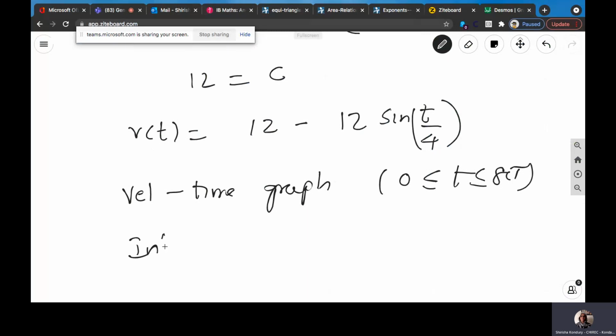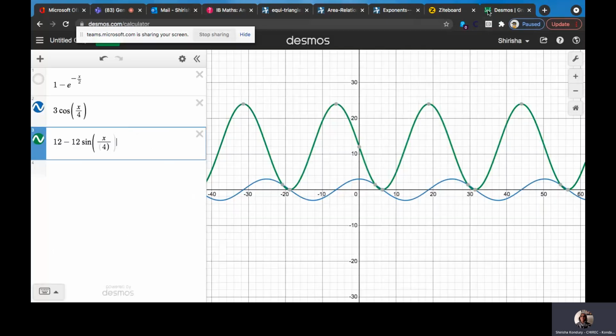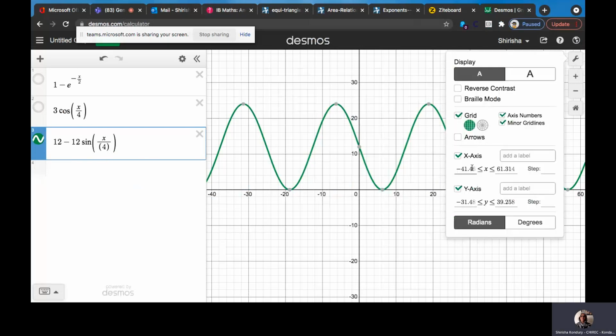So they want us to find out the intercepts, label the intercepts, and the maximum and the minimum positions, if any. So let's graph it. They only want us to graph the velocity. So let's take the acceleration graph out. And the axis has to be from 0 to 8 pi.